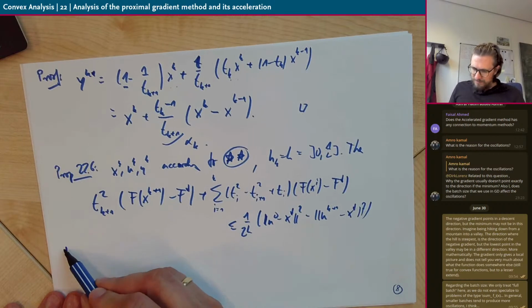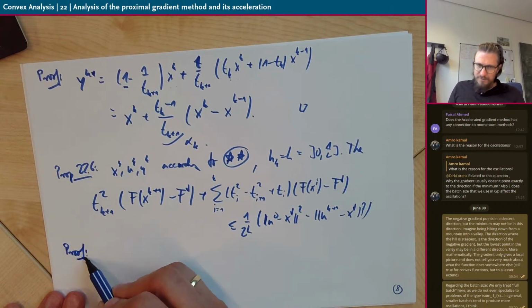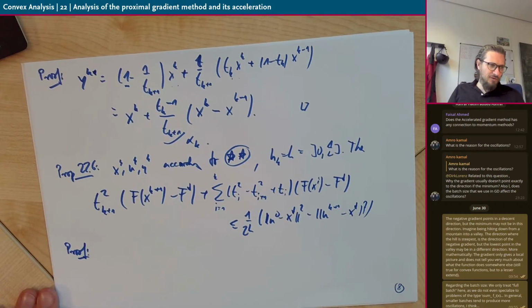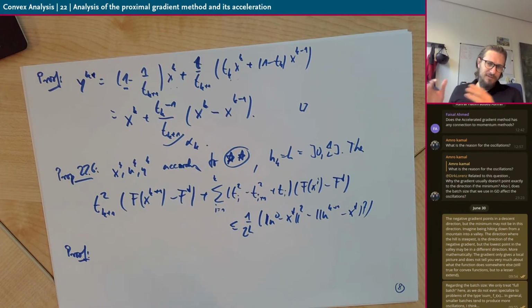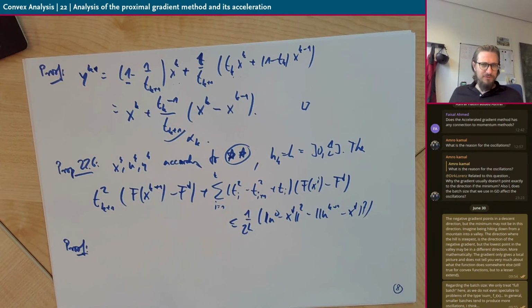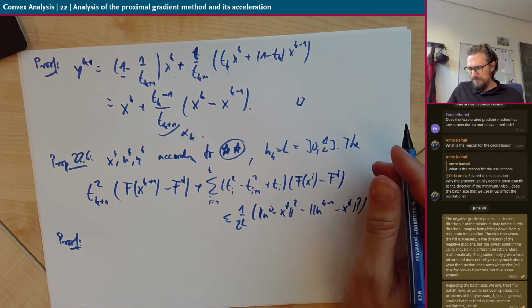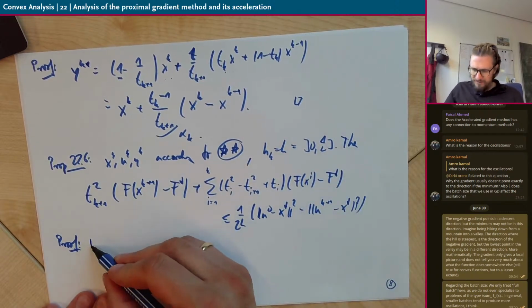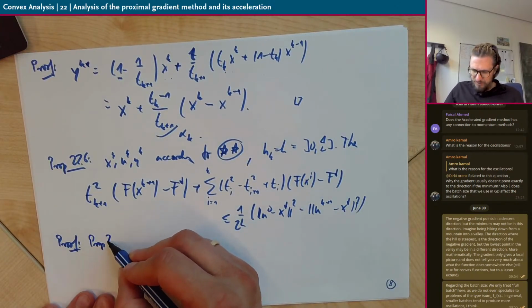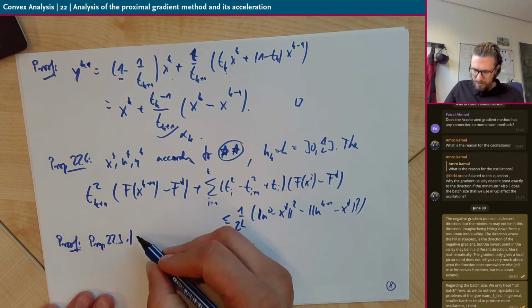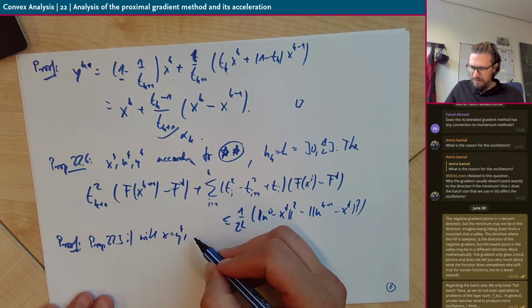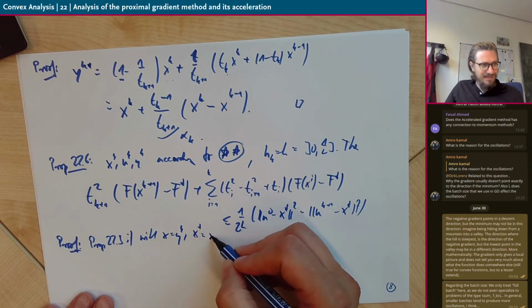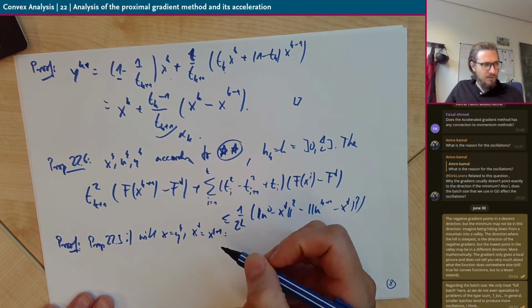Okay, and since we know that already the proof is short, we can again start from the same inequality which made the proof of the accelerated gradient method work. In this case, this is proposition 22.3.1 with again x is yk and x plus is xk plus 1.